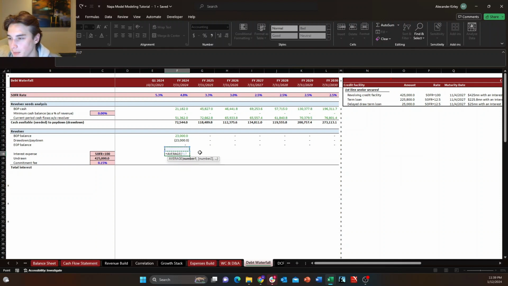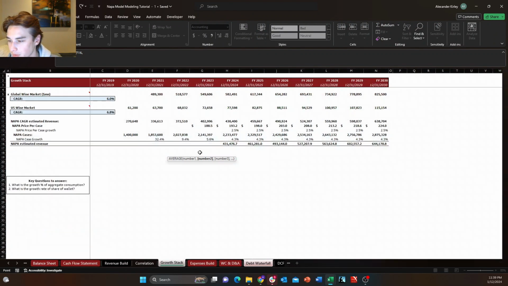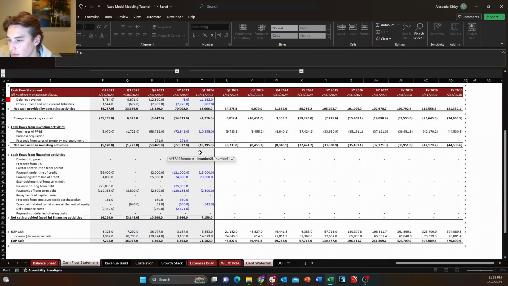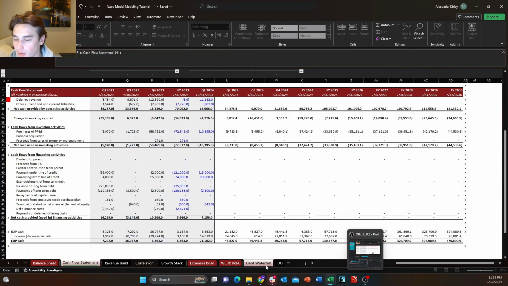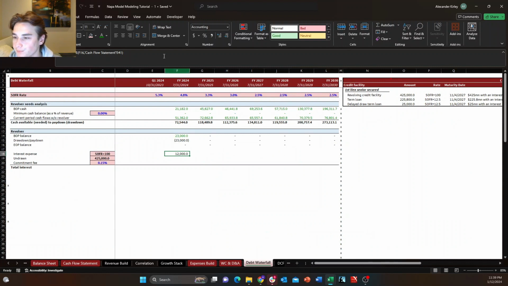So I'm going to take the average of our end of period balance, and we're going to go over to the cash flow statement, borrowings from line of credit, come back to our debt waterfall, and then we want to multiply this times our interest expense.